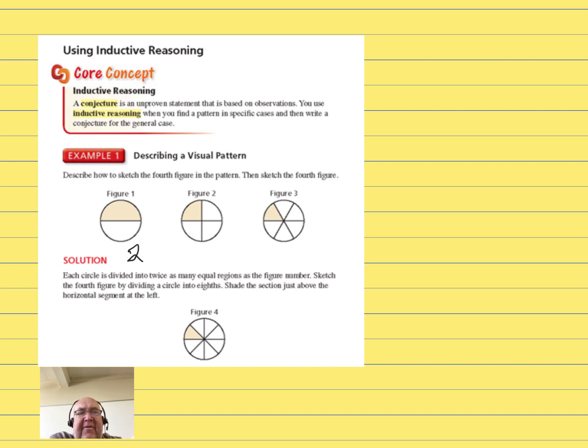The second figure is divided into four parts. The third figure is divided into six parts. So what we're doing is multiplying the figure number by 2 to get the number of parts. So then the fourth figure would be divided into 8 parts. And then it's also shading just to the left above the center.